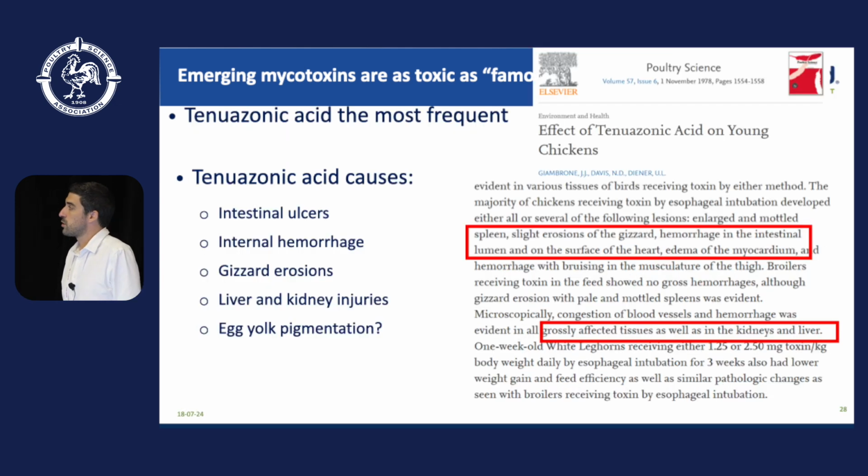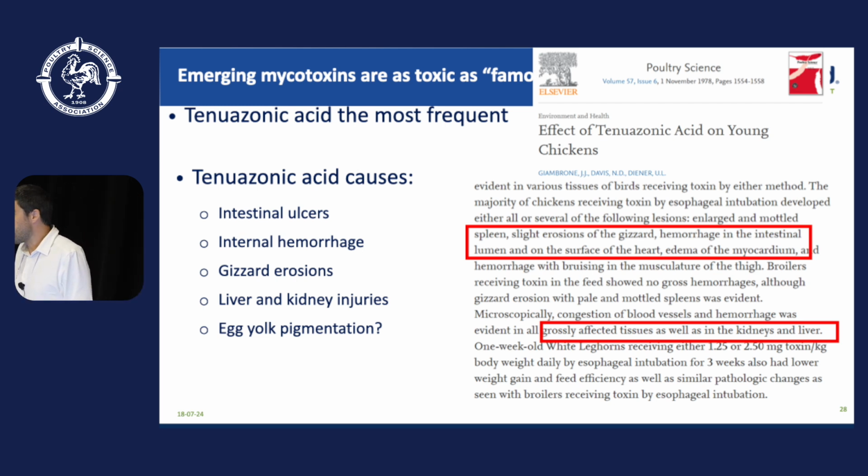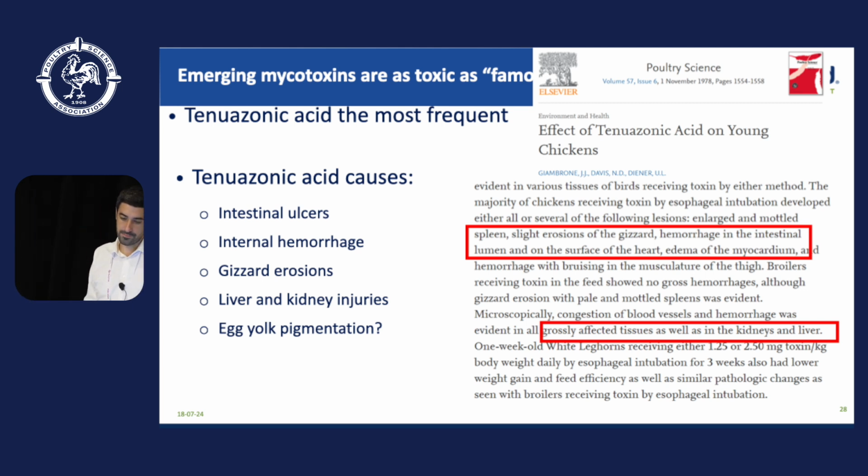Also, very quick about tenuazonic acid, that it has been the most frequent one detected in the poultry farms. We don't know yet a lot about this mycotoxin or the toxic impact in the poultry species, but we know that, for example, it causes intestinal ulcers, hemorrhages, gizzard erosions, liver and kidney injuries.